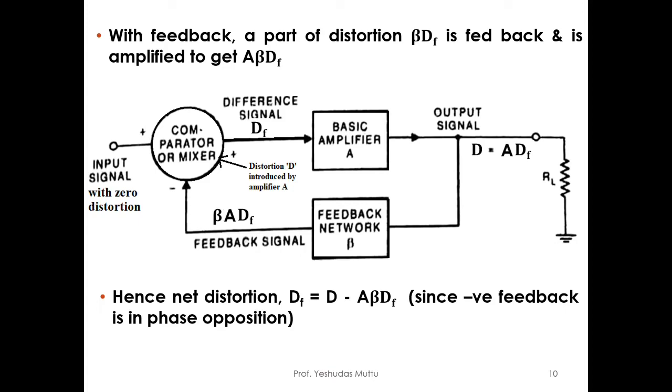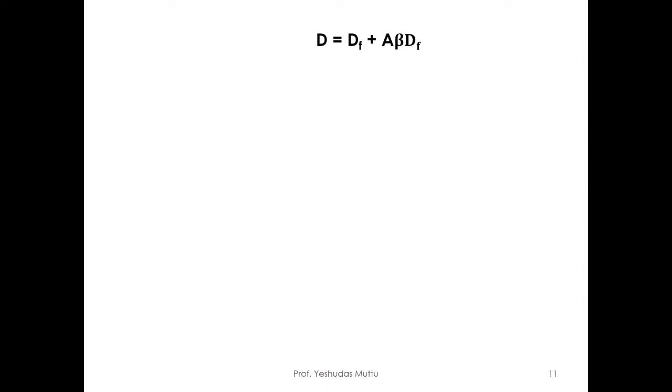Now, from this I can rearrange the terms. DF terms I can get together. So, D is equal to DF plus A beta DF. Now, from this I can take DF common, it will be 1 plus beta A. So, I can write DF as D upon 1 plus beta A. Now, what is DF?